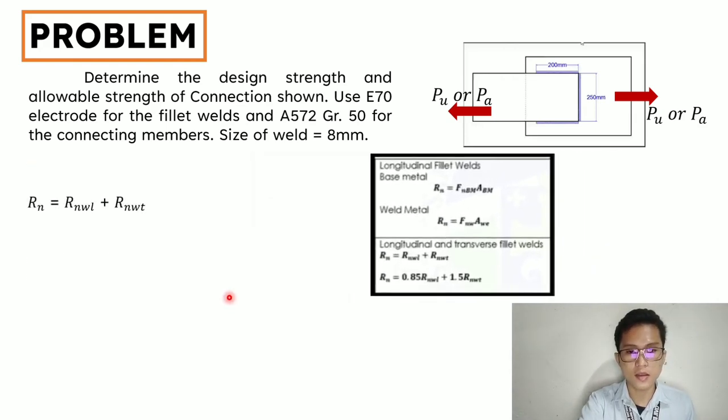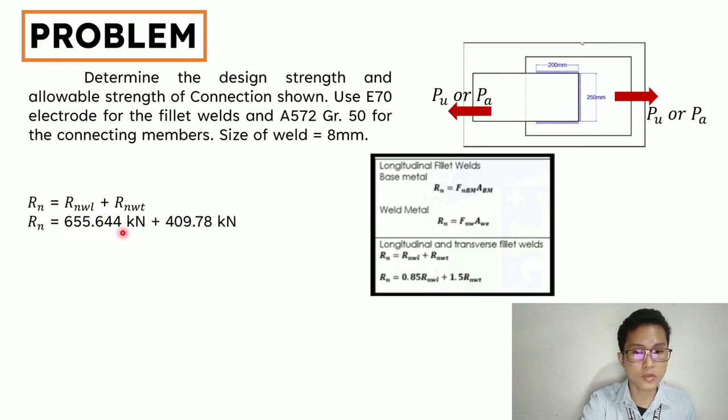Next, using these equations here for longitudinal and transverse fillet welds, we will substitute the values that we got earlier. So for R sub NWL, we have 655.644 kilonewtons, and for R sub NWT, we have 409.78 kilonewtons. We will add them, and we will get 1065.42 kilonewtons for our R sub N.